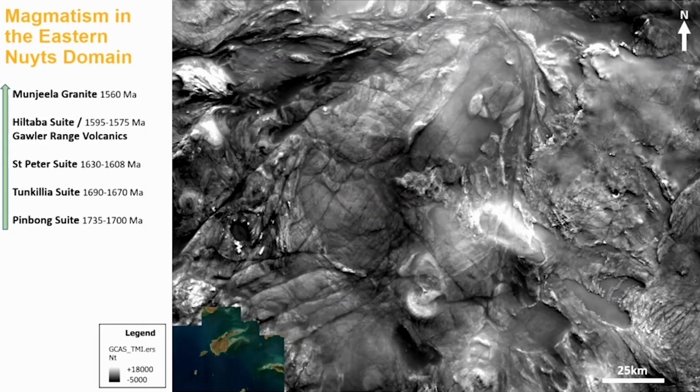With the exception of the Gawler Range volcanics, almost all of these units are granitic, with similar lithological contrast, making it challenging to identify the different suites using the aeromagnetic imagery alone, despite its amazing resolution.